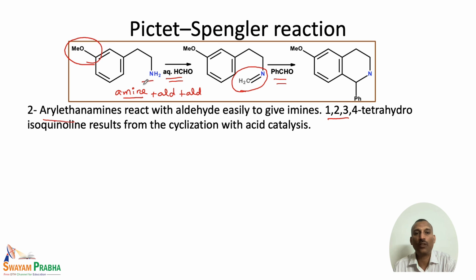So, we start with an amine, and we add 1 aldehyde, then we add the second aldehyde. Depending on what the first and the second aldehyde are, we can have different substitutions. So, instead of benzaldehyde, if you use some other substituted aldehyde, then the corresponding substituent will be present at the 1 position. So, this is another example of isoquinoline synthesis.